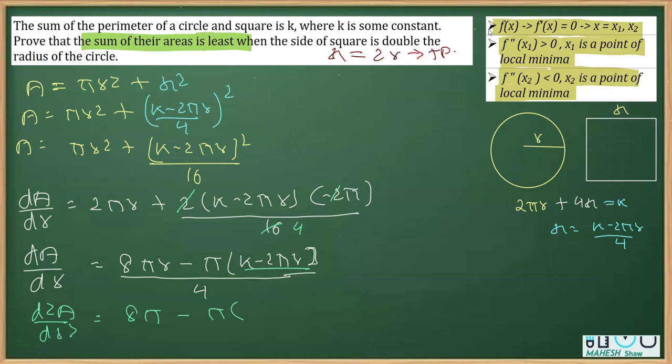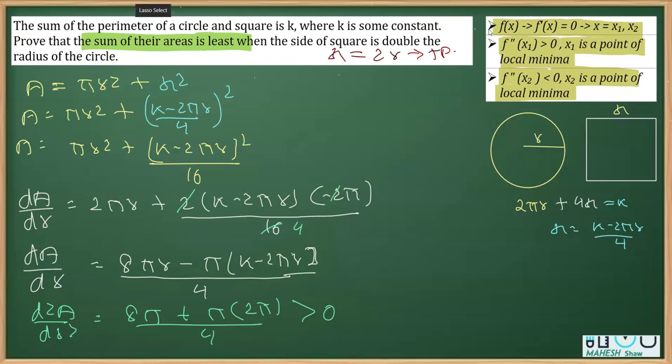The differentiation of this will come as minus of minus 2 pi, because the derivative of r is 1, right? So it's minus 2 pi, so that will make it plus 2 pi over 8. As we can see here, this is 4 here. This is constant, so it has to be greater than 0, irrespective of whatever is the value of x and r.